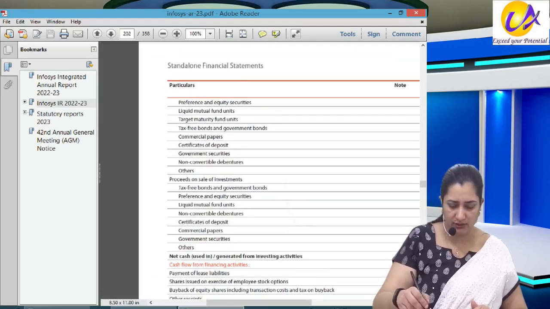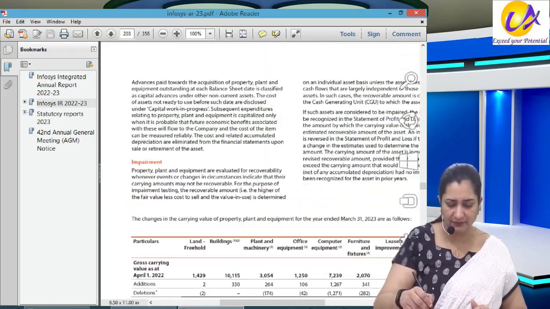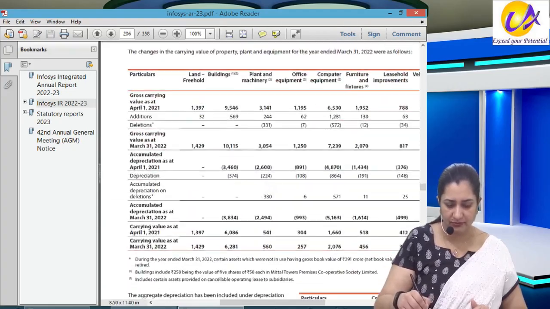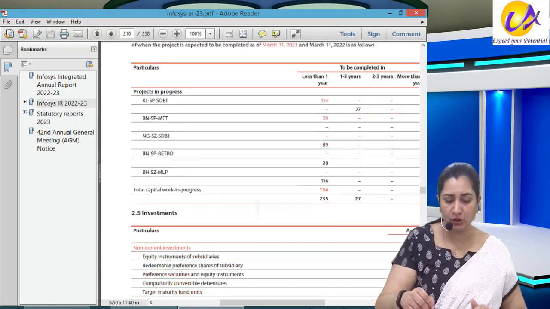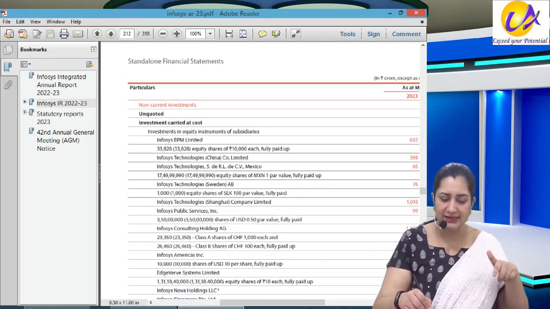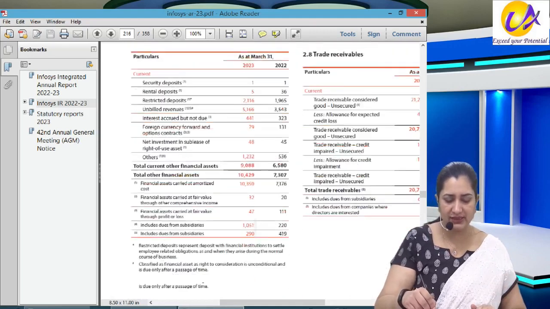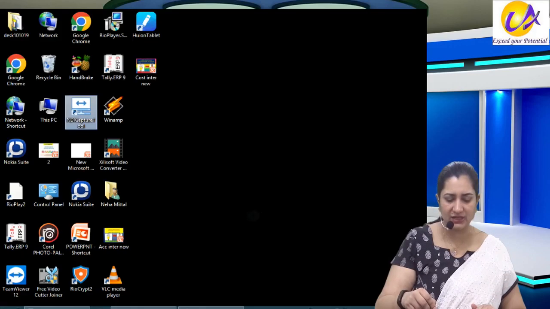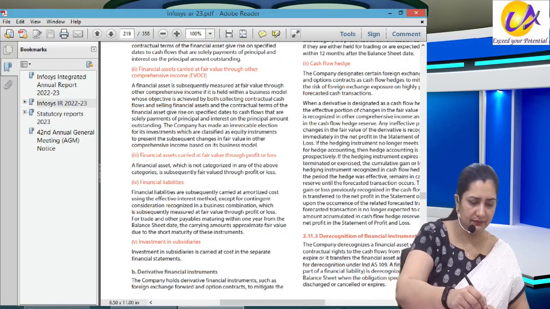So we wanted to see the share capital note, correct? So we will see. Their share capital note will come later because they show assets first. So the asset notes come first: investment notes, loans given, cash and cash equivalents, everything comes here.